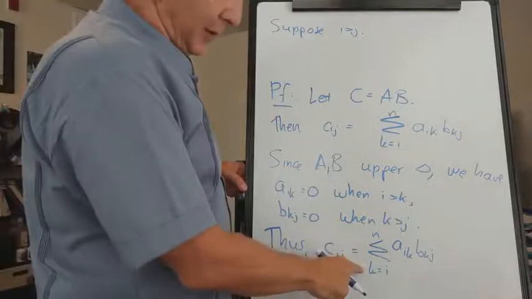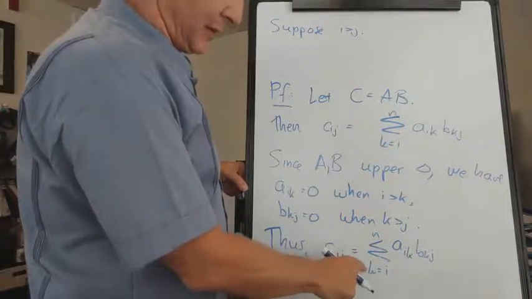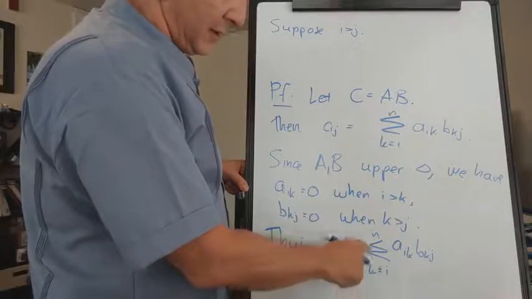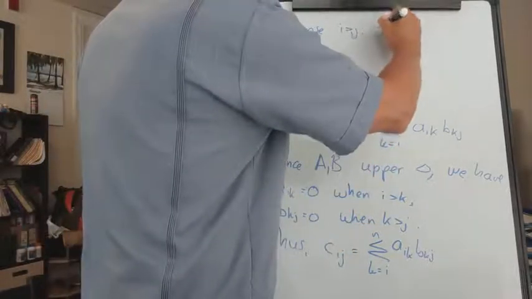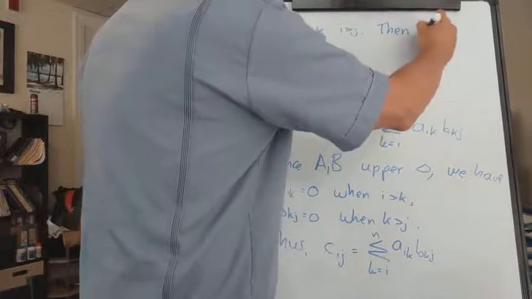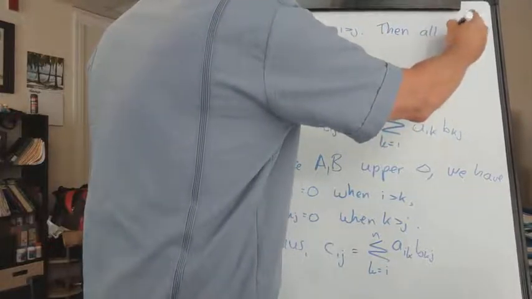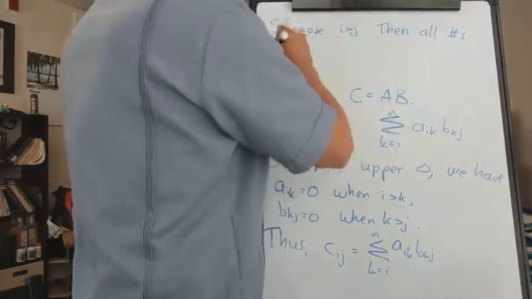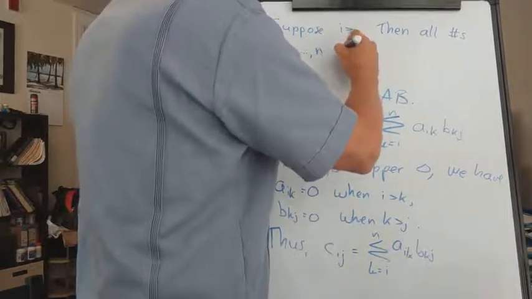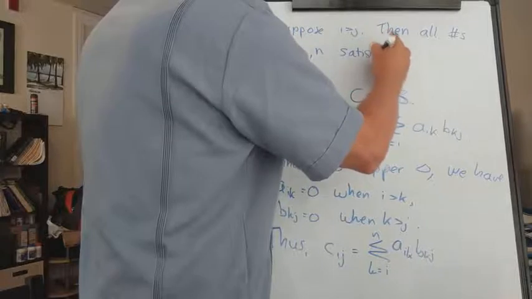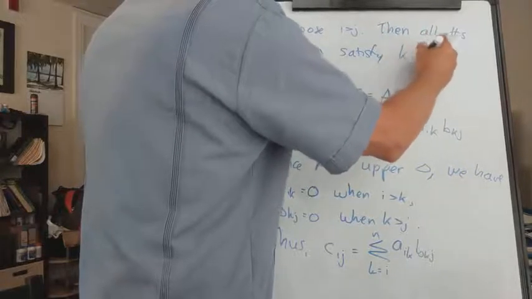Now k is varying from i to n, so that means that all these indices k are going to be greater than j. So all numbers k from i to n satisfy k is greater than j.